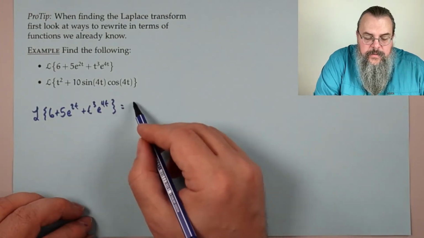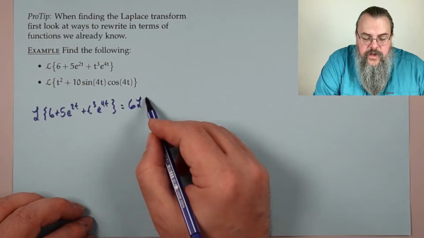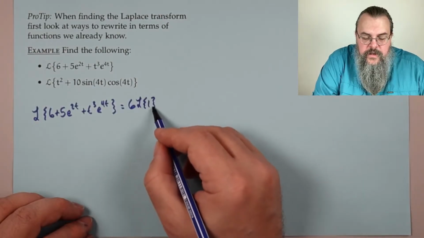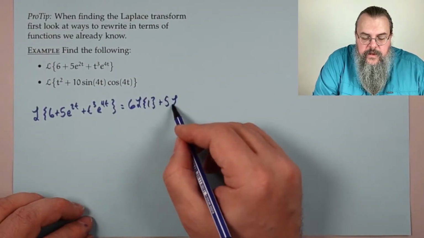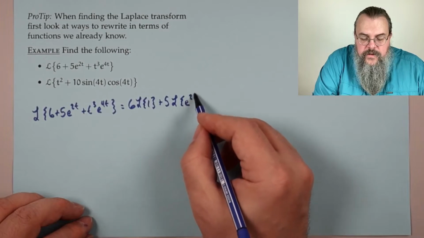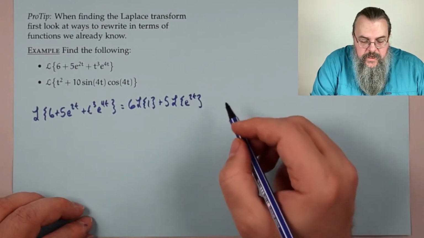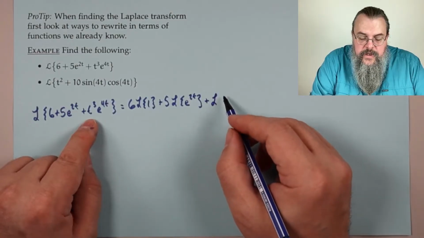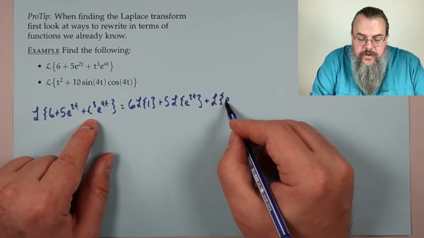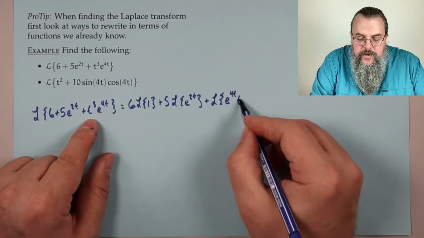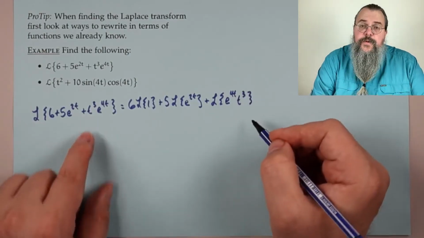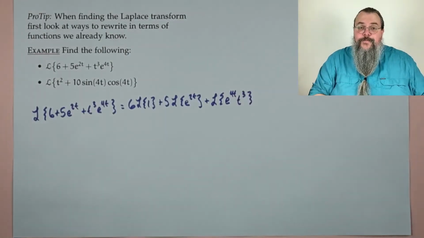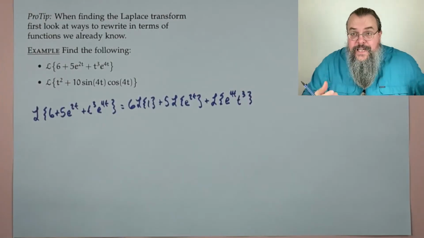Well, that's the same as 6 times the Laplace transform of 1, plus 5 times the Laplace transform of e to the 2t. And then, well, just the Laplace transform of t cubed e to the 4t. I'm going to put that e to the 4t in front of the t cubed just to help us recognize our rules. All right, so this is linearity.